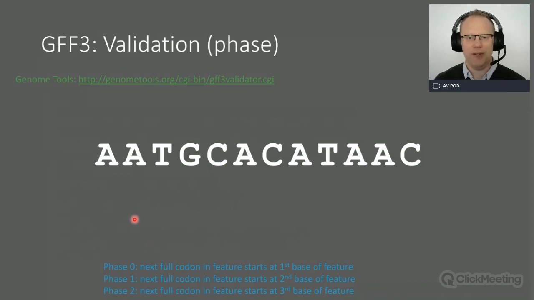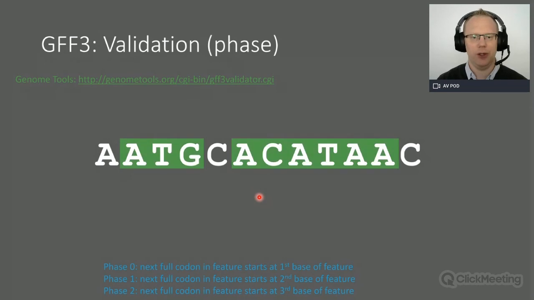So as I mentioned, phase in coding sequences is a common issue. What I mean by this is if we have a look at, say, two coding sequence features, so the green boxes here, coding sequences result in proteins, and we have open reading frames in coding sequences once you've got the intron spliced out. However, the phase of a particular coding sequence depends on essentially the multiples of 3 that's within the coding sequence.